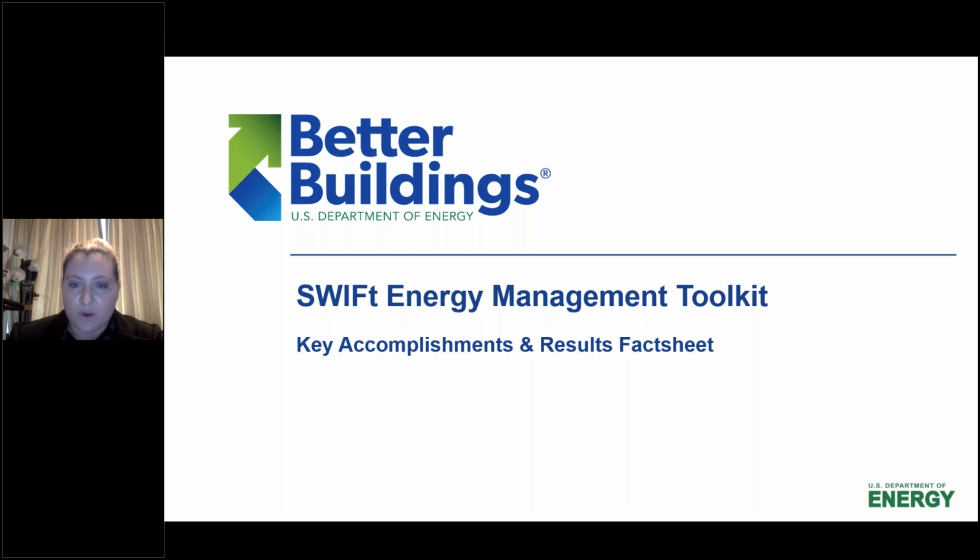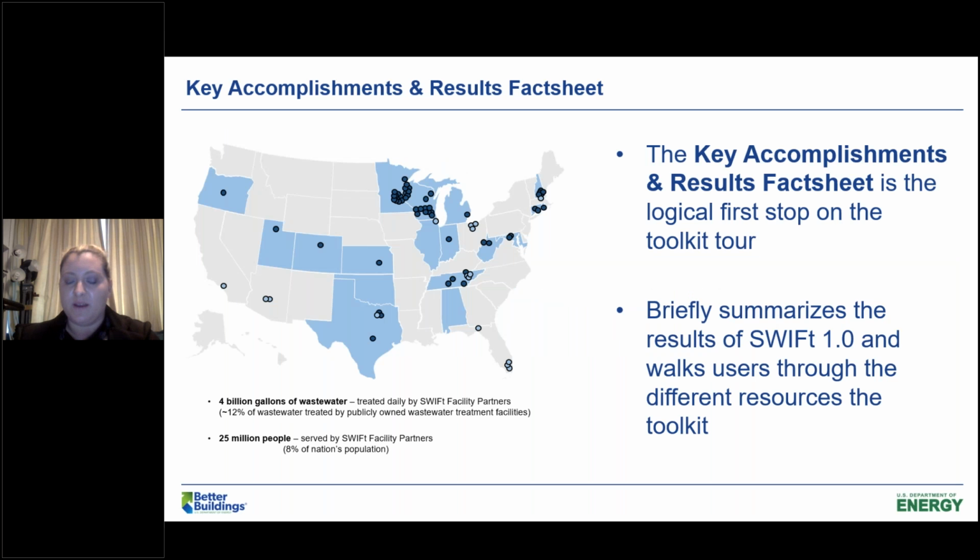Okay, so I'm going to start out with the key accomplishments and results fact sheet first. So next slide. Okay, so this is a great tool to start with. It's the best logical first stop on your tour when you're exploring the toolkit. And so essentially it briefly summarizes the work in 1.0.